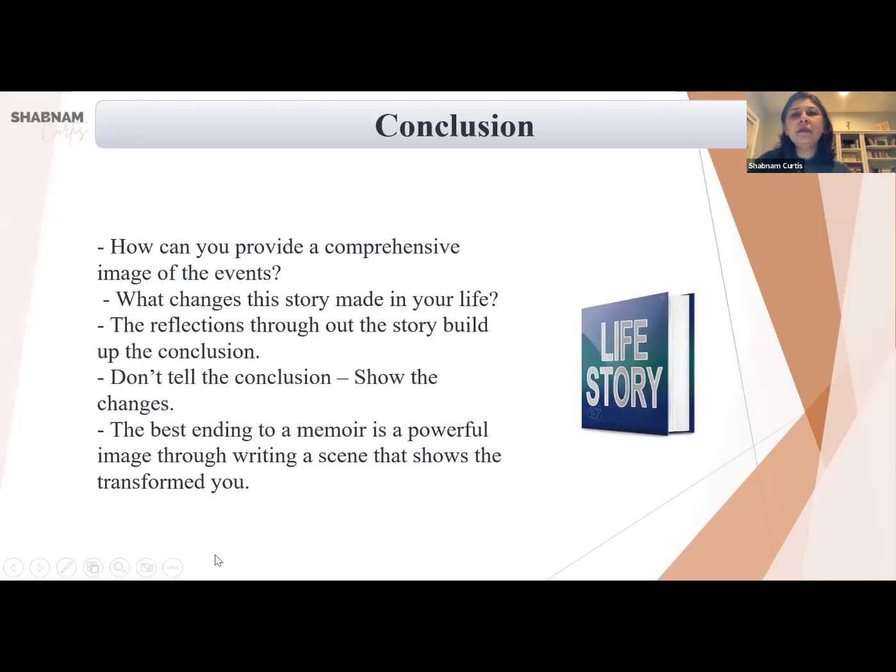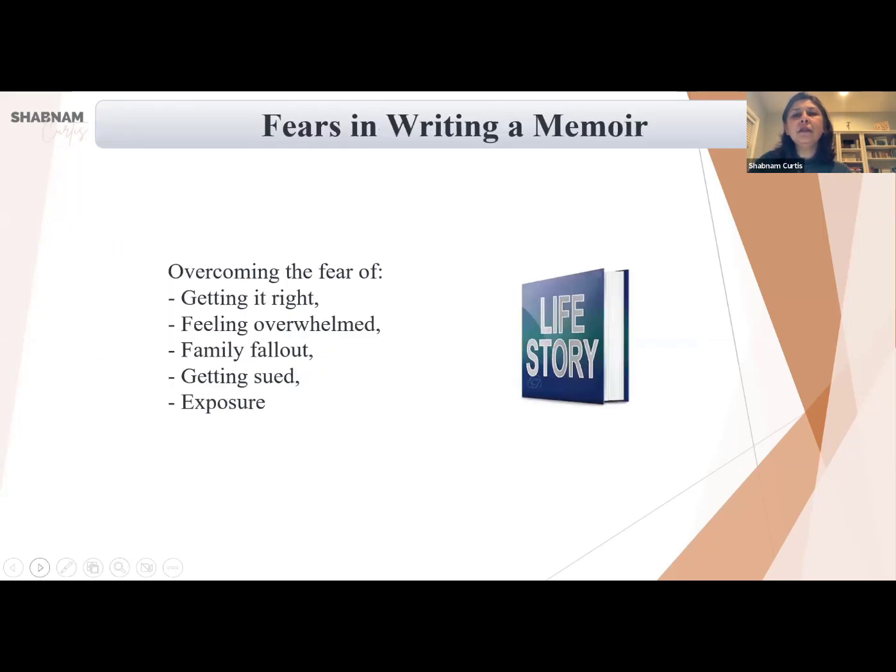And the next one is, okay, there are definitely fears of writing a memoir. We all have them. Everyone who writes a memoir, more or less, thinks about them. One is getting it right. That's what we were talking about, right?